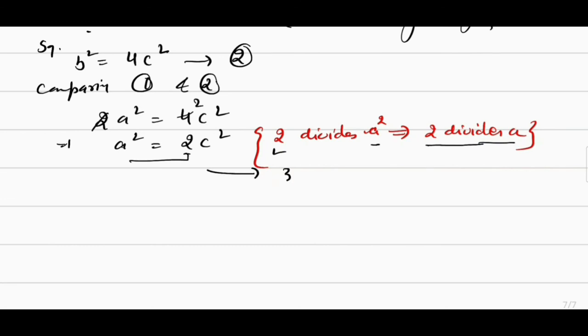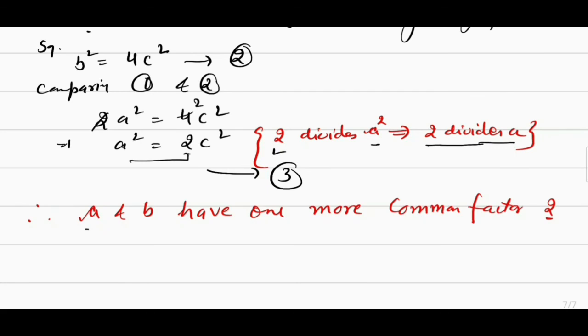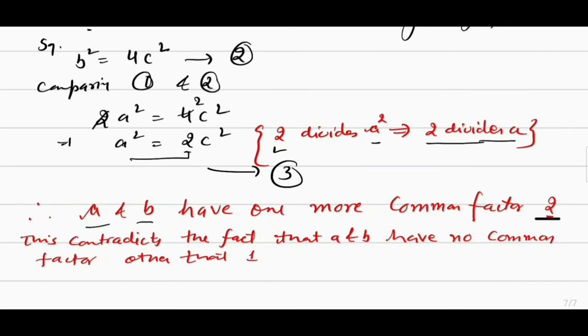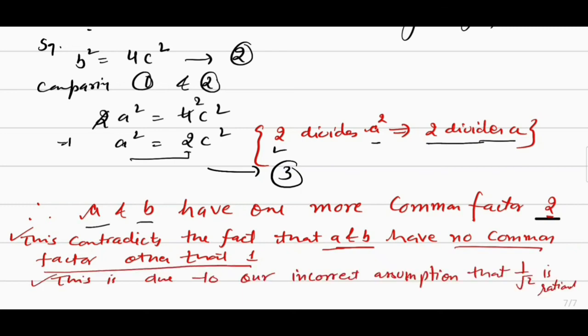So I'll take this as my equation 3. So here we can say that a and b have one more common factor, 2. So this contradicts the fact that a and b have no common factor other than 1. So this contradiction is due to our incorrect assumption that 1 divided by square root of 2 is rational. So we can say that 1 divided by square root of 2 is irrational. So hence proved.